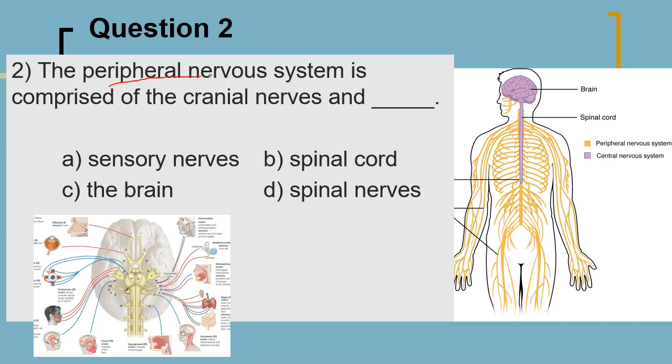The peripheral nervous system is composed of the cranial nerves, which are these right here, and the spinal nerves, that's going to be all of these right here, all those yellow things coming off the spinal cord. So the answer would be D.